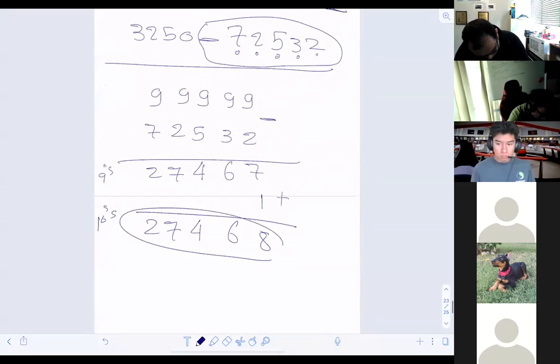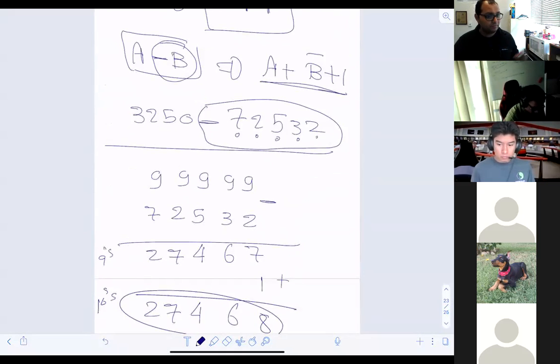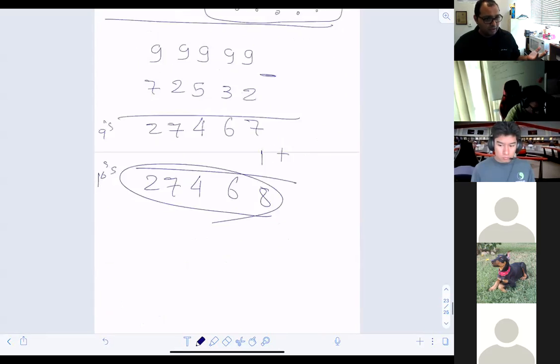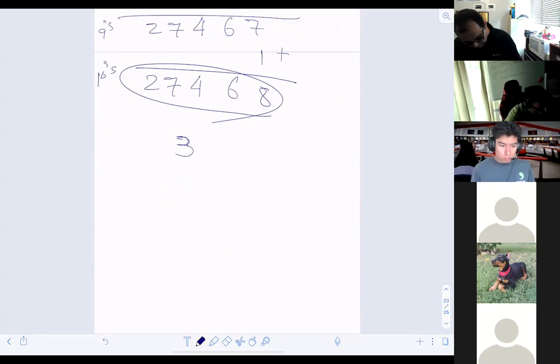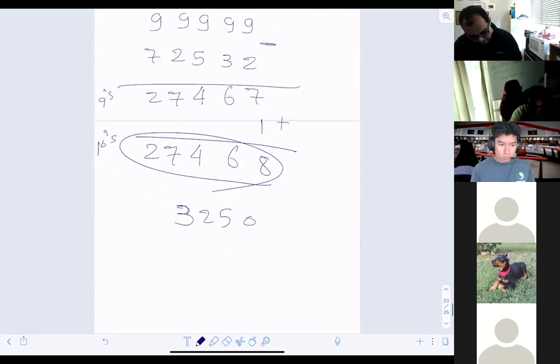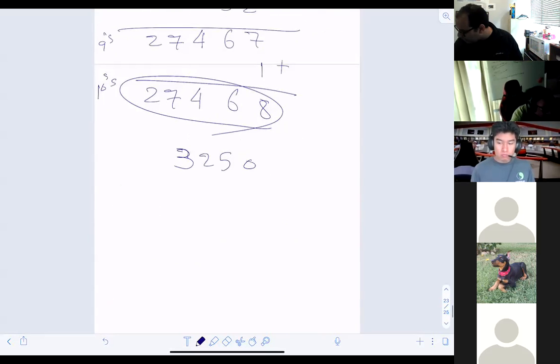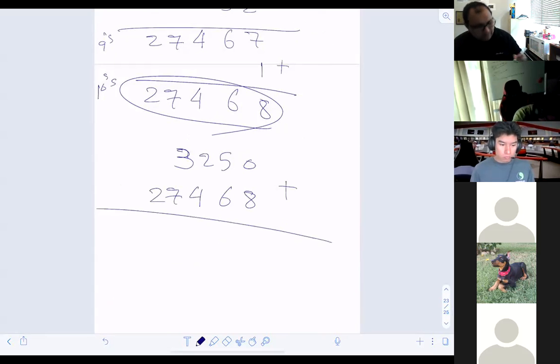Now I'm going to take my 10's complement value and put it there. That makes sense? So it's going to be 3, 2, 5, 0, and this number is 8, 6, 4, 7, 2. And I add. Before adding, I have to be sure they're aligned. What does aligned mean? This is a 5-digit number, but this is a 4-digit number. So I can add a 0 here.